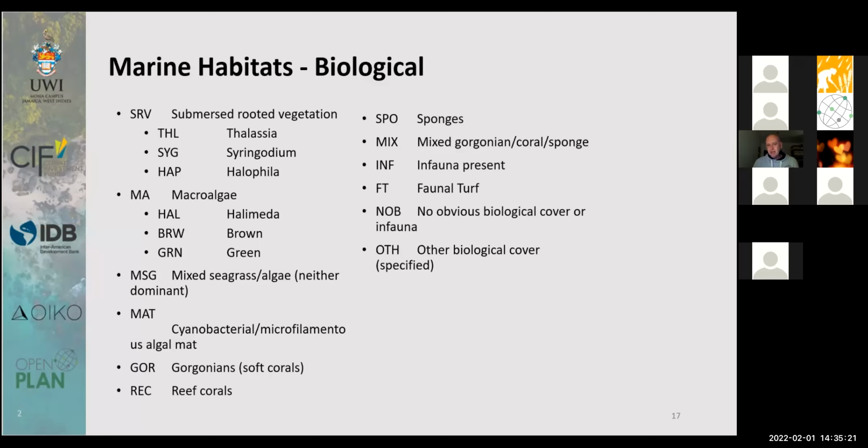I won't go into great detail, but from a biological perspective, it's equally as important to determine the range of habitats that will have an influence on coastal vulnerabilities, the service they provide for fish stocks, the service they provide as natural coastal protection, for example. So a lot of the coding that you see here is often linked to international best practice of how marine habitat features are recorded and stored.